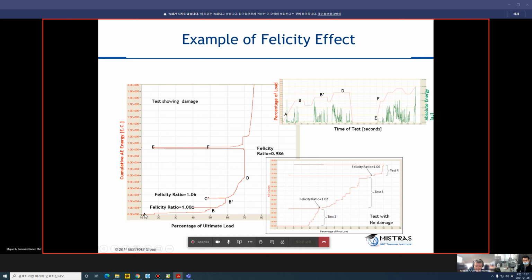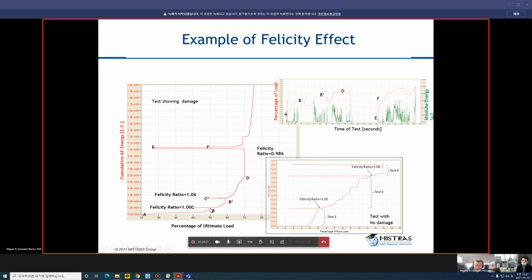If you relate the plot to the load schedule that we apply here, you see this is the first load applied. This is the first hold at this level of load. And then we decrease the load here and increase it again.